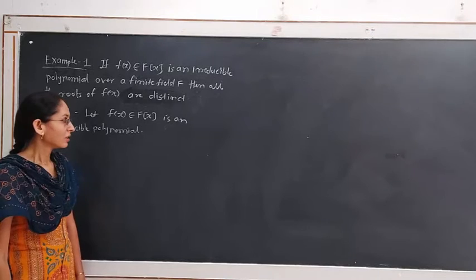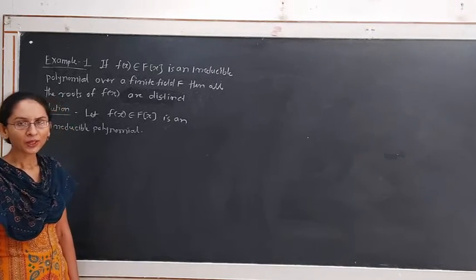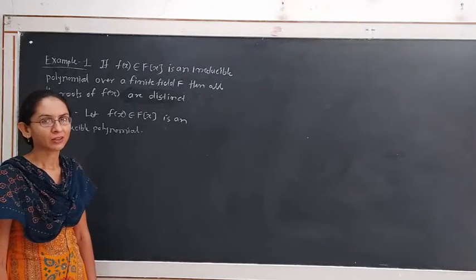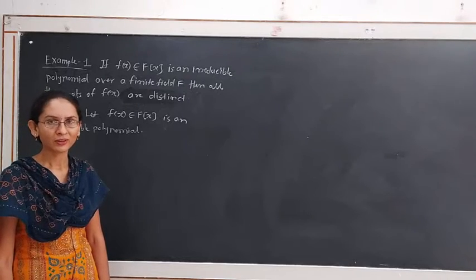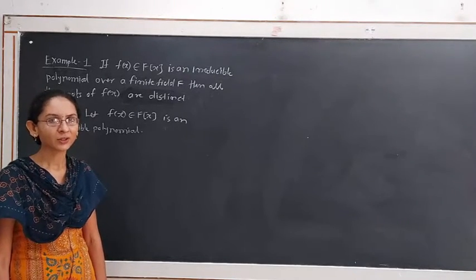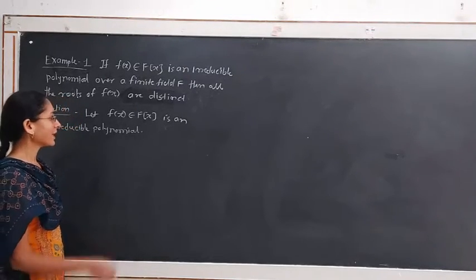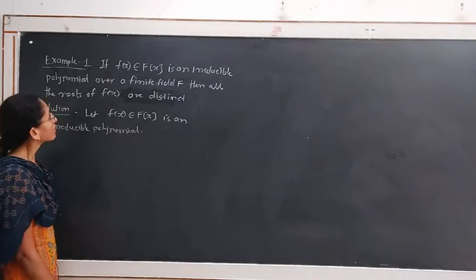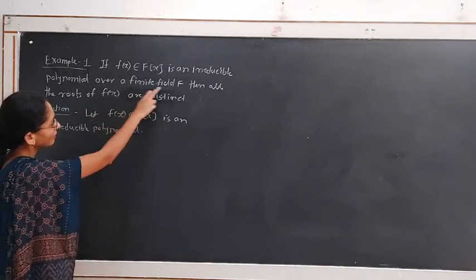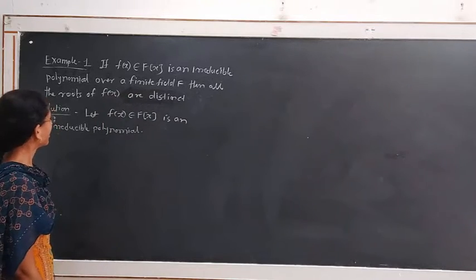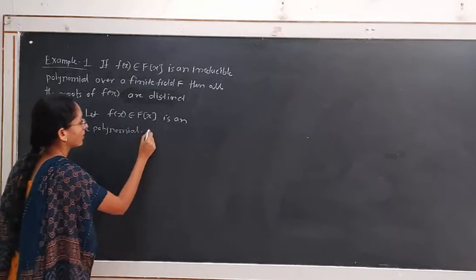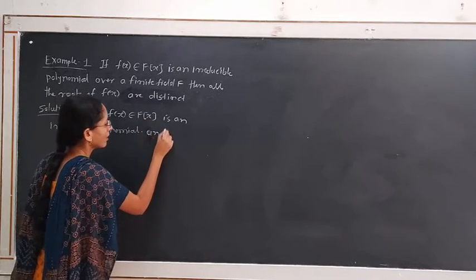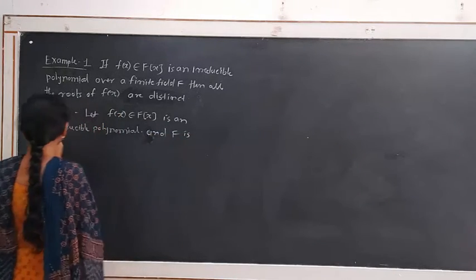The polynomial cannot be factored into lower degree factors over the given field. That means the given polynomial over the given field is irreducible. It is given that f(x) is irreducible. Also, the field F is a finite field.